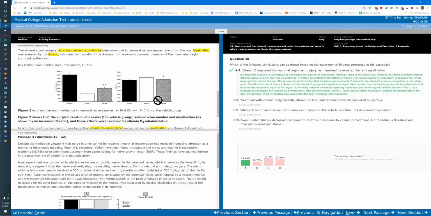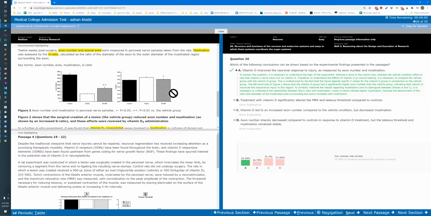These two have been injured. Vehicle is just placebo. I don't know why they're calling it vehicle. So vitamin D in injured nerves causes more axons to develop, and a lower G ratio, which means more myelination.